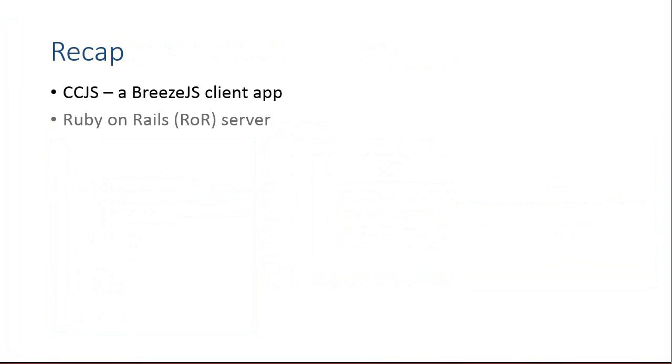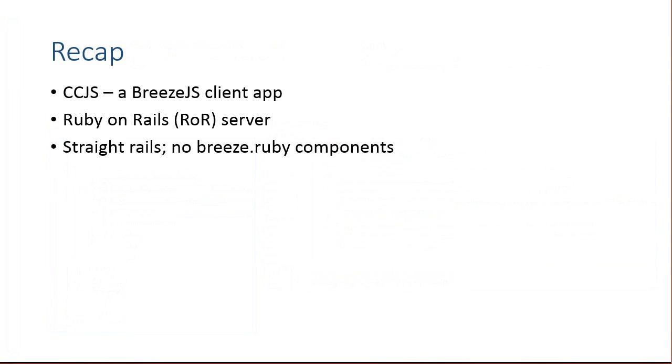Let's recap what we've done. We started with CCJS, which is a Breeze.js client single-page application that we didn't even write. John Papa wrote it, and it happened to target a .NET backend. We replaced that .NET backend with a Ruby on Rails server, which we coded in the most vanilla way possible. There are no Breeze.Ruby components, not that there's anything wrong with that, but we decided to go vanilla.